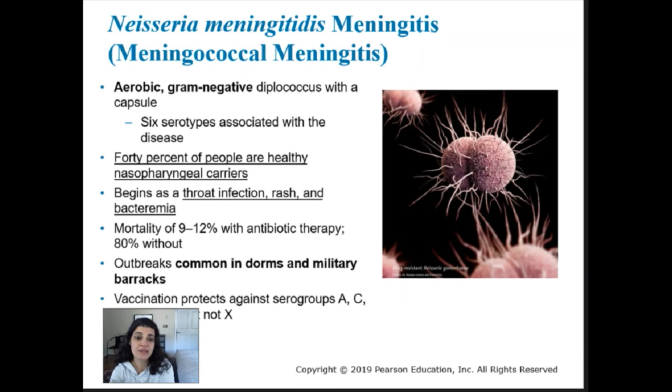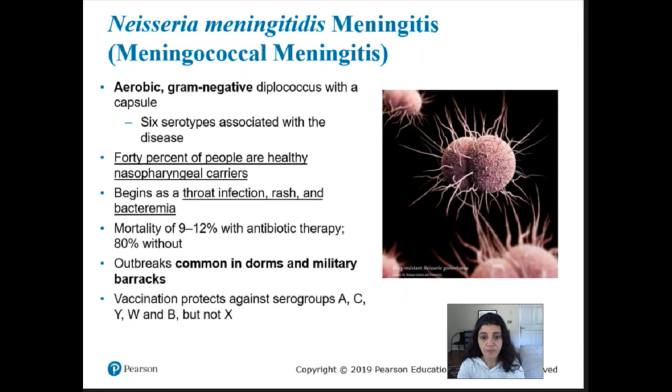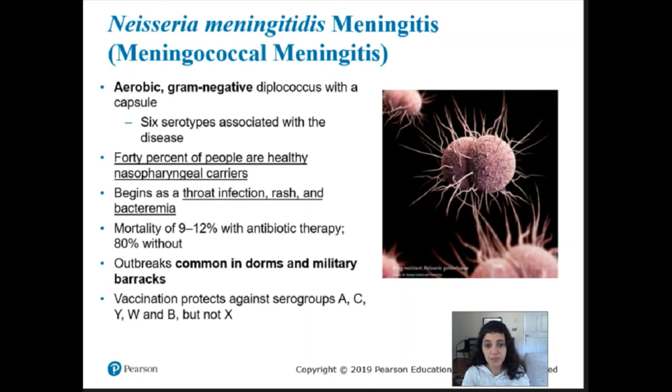Other than the vaccine used against serogroups A, C, Y, and W, there is another vaccine called MenB that includes the antigen B, which is very relevant for teenagers. So it's common to see outbreaks in dorms and military barracks, where people are very close together and there is more physical contact, for reasons you know.